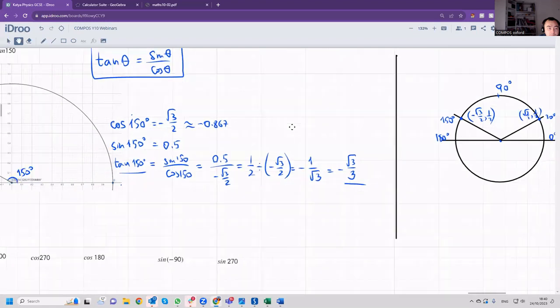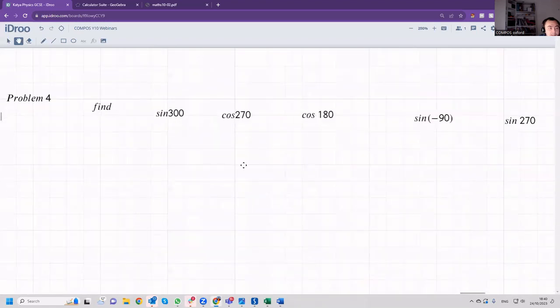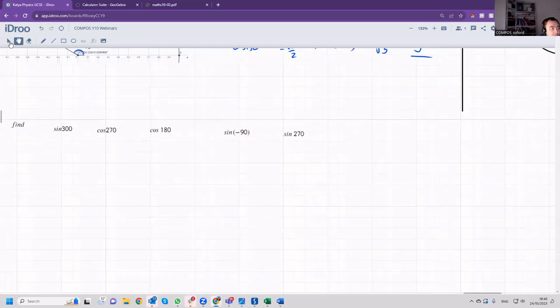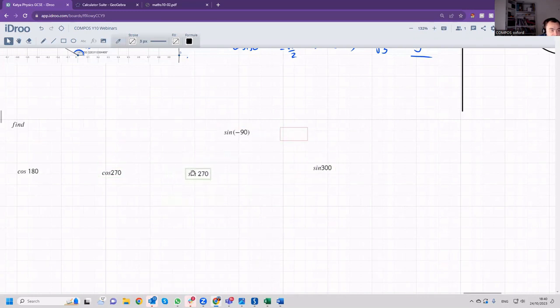Problem 4. I'm going to switch them around. First do cos 180, cos 270, sine 270, sine minus 90, and sine 300.